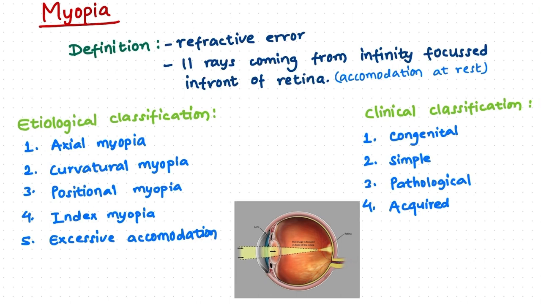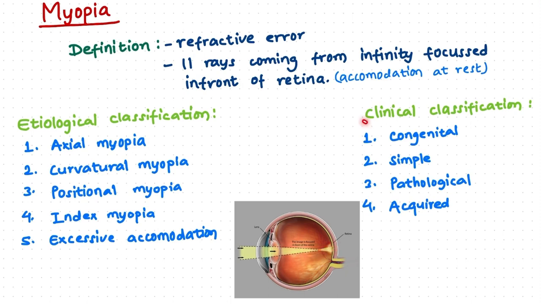Due to the increase in convergence, the rays of light coming from infinity are converged too early, so that it causes myopia. Now coming to myopia due to excessive accommodation. Because of spasm of the ciliary muscles, they are unable to focus the rays of light properly on the retina, thus causing myopia.